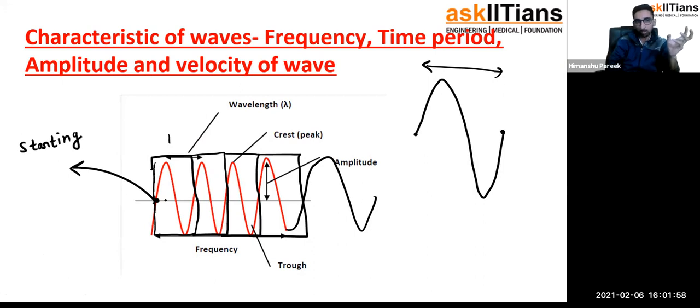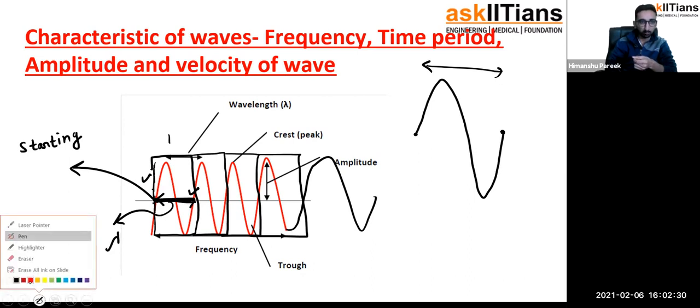Now when I move my hand one time, for one oscillation, the wave travels this much distance. So basically energy has moved from this location to this location. So the distance traveled by the wave in one oscillation is called wavelength, right? This length you can see here, that's the wavelength.